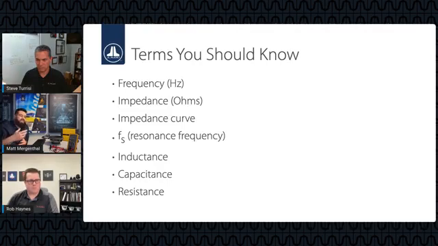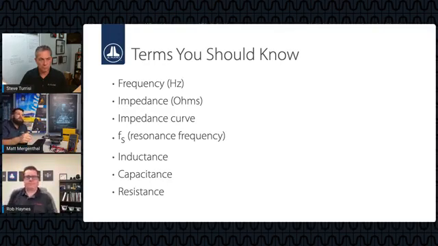The resonance frequency is the frequency that an object resonates at. For example, if you strike a bell, it's going to ring at the resonance frequency of the bell. A speaker also has a resonance frequency. Usually, very little energy at that frequency results in a lot of output, just like the bell.